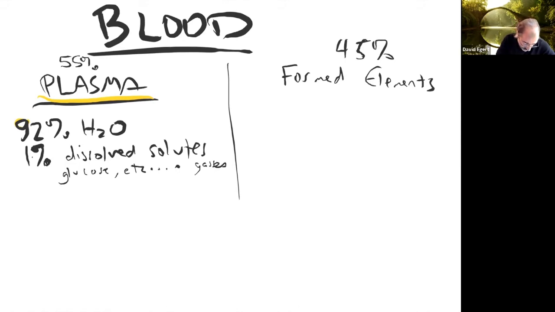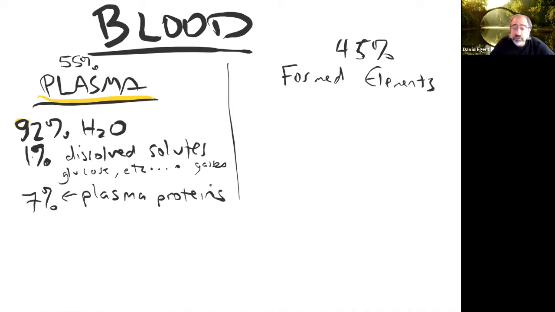And then that leaves us with 7%, and these are going to be the plasma proteins. I will just introduce the basics; you've already met some of them, like angiotensinogen was sitting in the plasma as a protein ready to go for the renin-angiotensin mechanism.